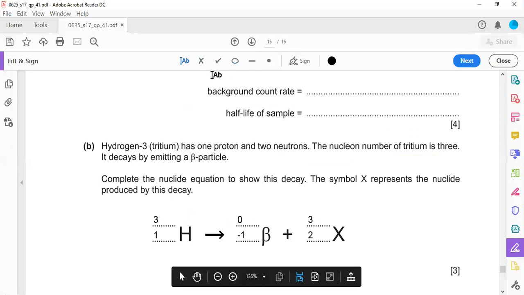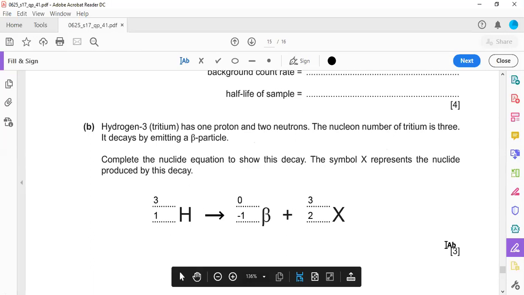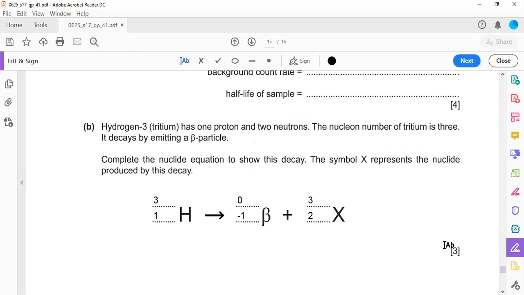Let's see if I can highlight that. Alright, so it's 2, x, 3, 2. So 2 minus 1 is going to give you 1, and 3 plus 0 is 3. Everybody see how we get that? For beta decay. As you see, students, this is the hardest this will come.